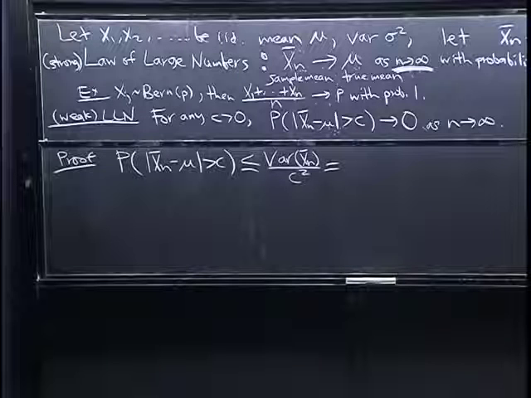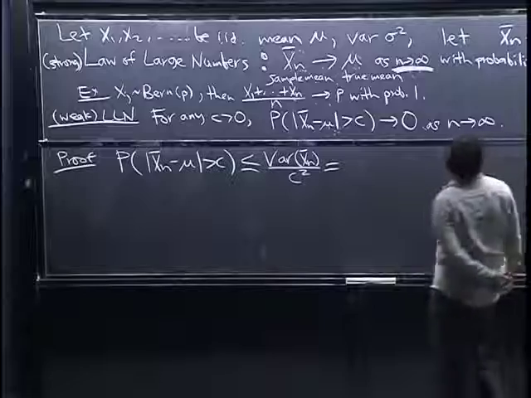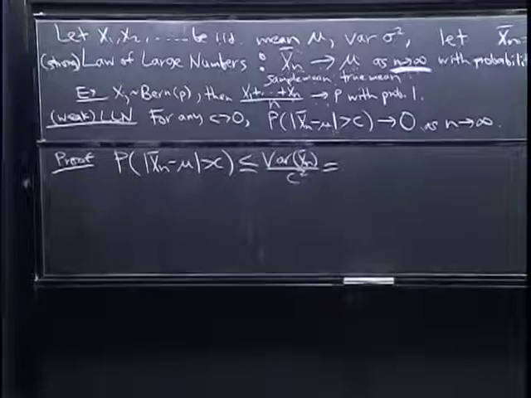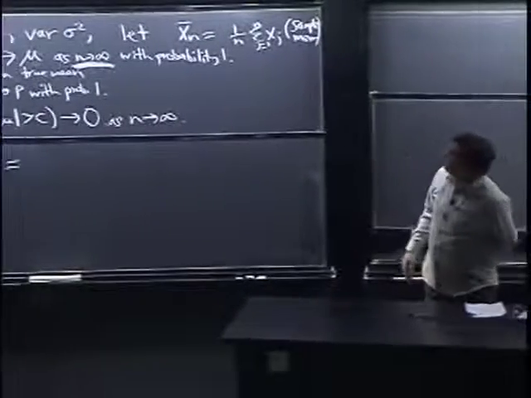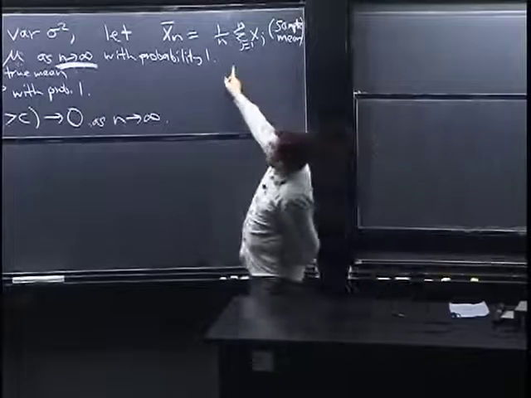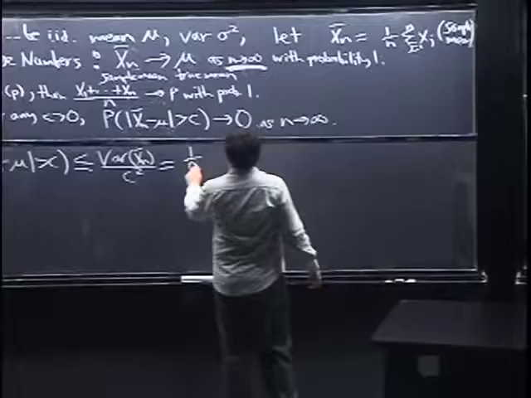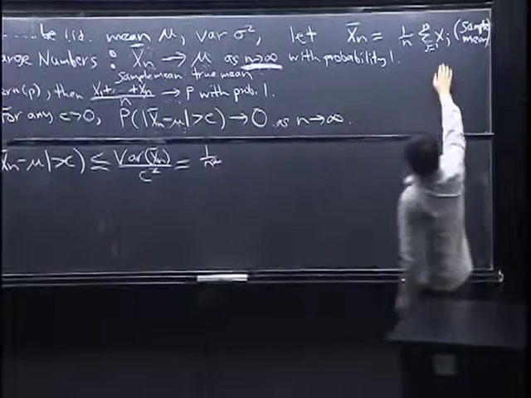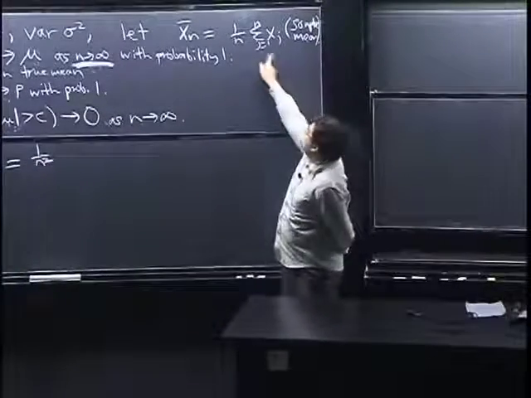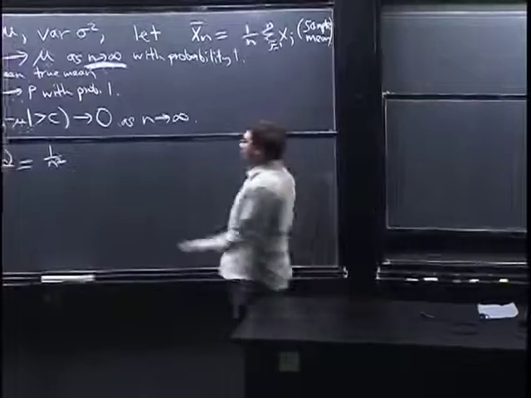Now we just need the variance of Xn bar. Well, just stare at the definition of Xn bar for a second. There's a 1 over n in front. That comes out as 1 over n squared. And then, since I'm assuming they're IID and independent, the variance of the sum is just n times the variance of one term.